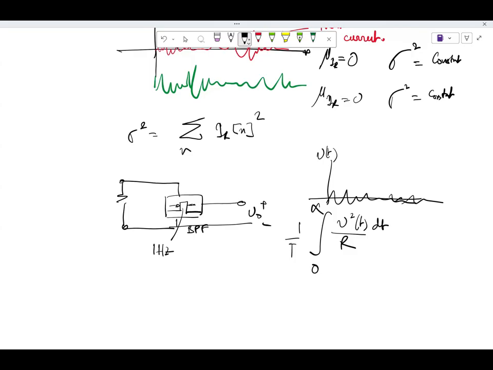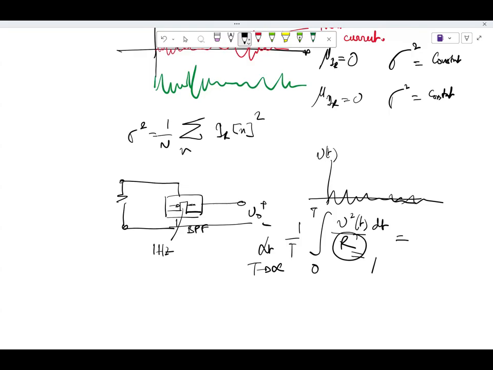By the way, I think I missed 1 over n here. So this is similar to a variance. If I set R equal to 1, then this is exactly the variance, correct?